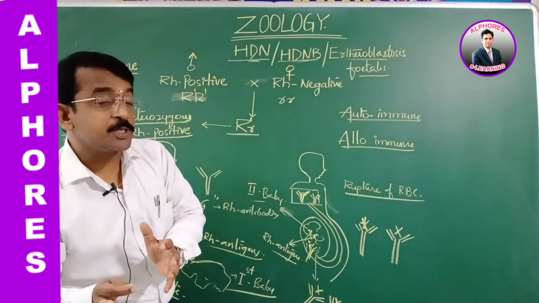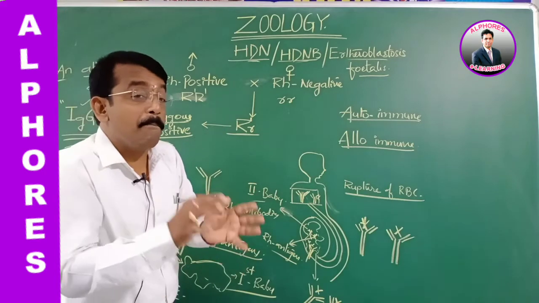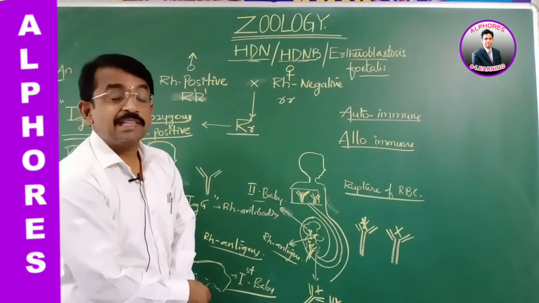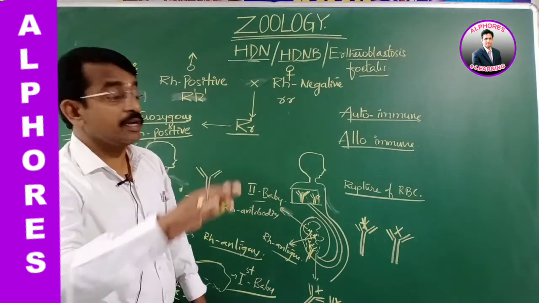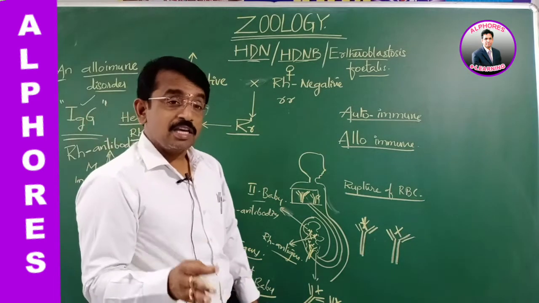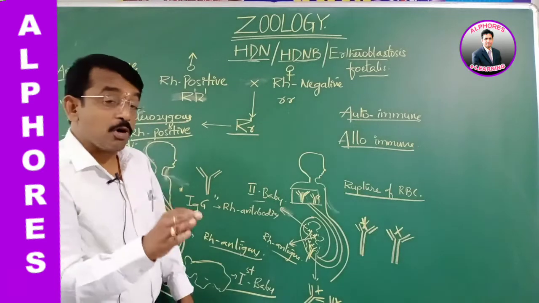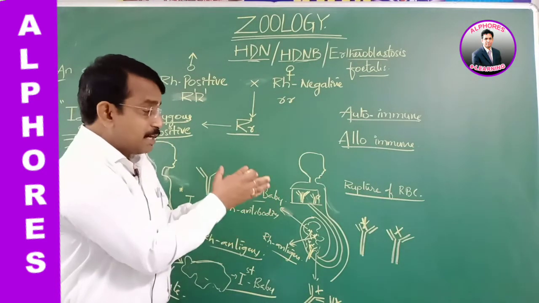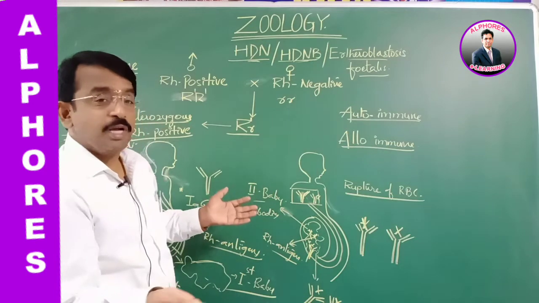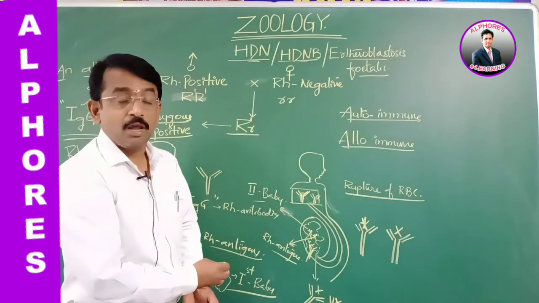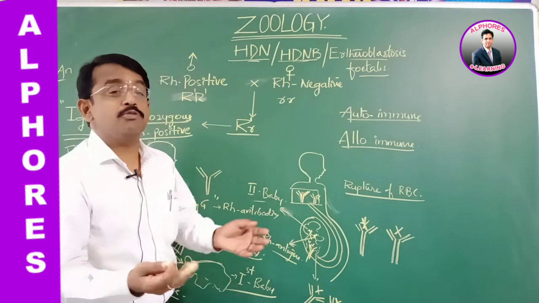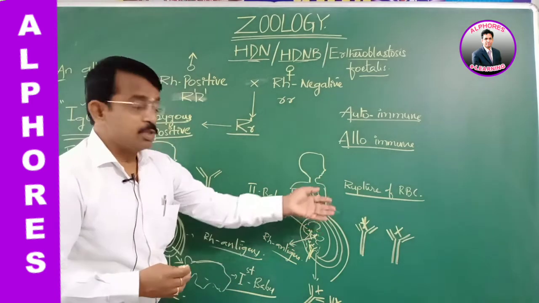What do you mean by lysis? Breaking. What breaking? Blood cells. What blood cells? RBCs are ruptured. This is named the hemolytic disorder of newborn, hemolytic disorder of the fetus. Either during pregnancy, the rupture of RBCs leads to the death of the fetus, or even after birth, neonatal babies, newborn babies, may also be affected.